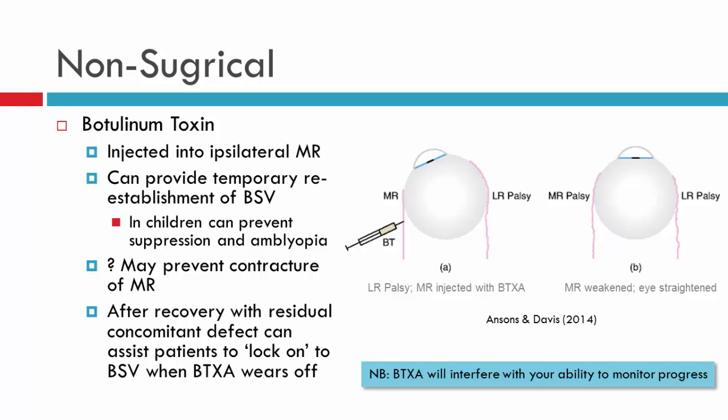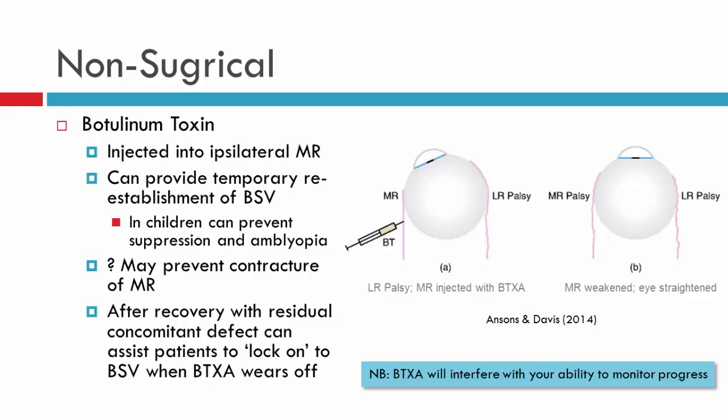The problem we have with injecting the medial rectus is that with a recently acquired 6th nerve palsy, it will interfere with your ability to monitor progress and improvement of the patient as you've paralysed the medial rectus. I've also mentioned in the previous videos that there is some suggestion that by injecting the medial rectus you could prevent contracture of the medial rectus.